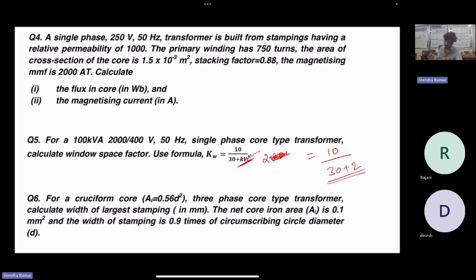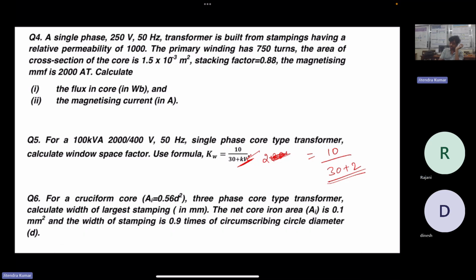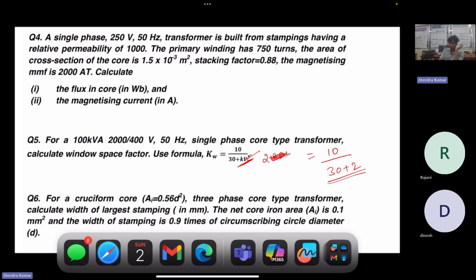Calculate the width of the largest stamping, where the net core iron area is given as 0.1 m square and the width of the stamping is 0.9 times the circumscribing circle diameter. So can we calculate the width of the largest stamping? Let us solve it.